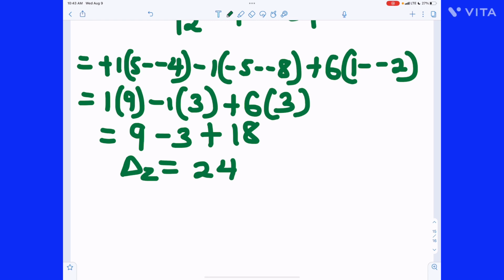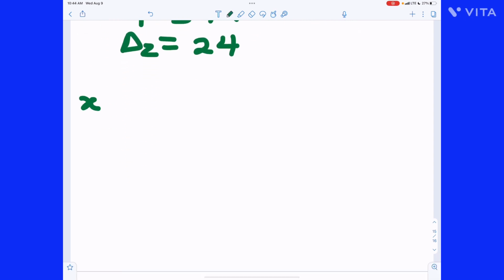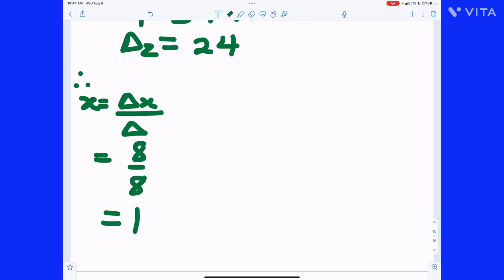I can now go ahead and find my x, y, and z. Therefore, x is delta x over delta, which is 8 over 8, which is 1.